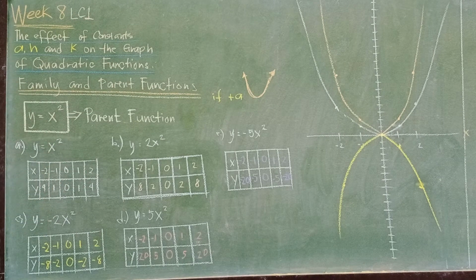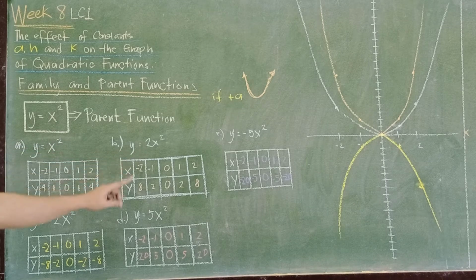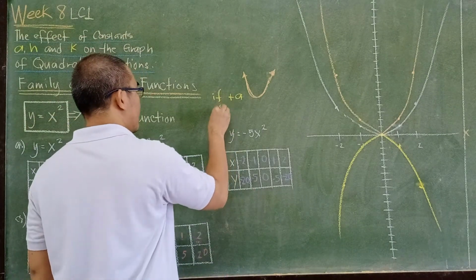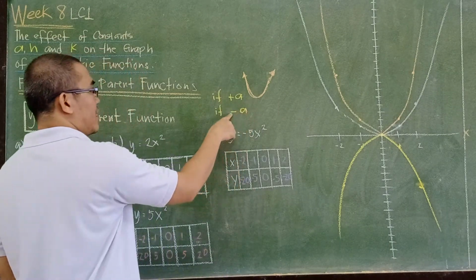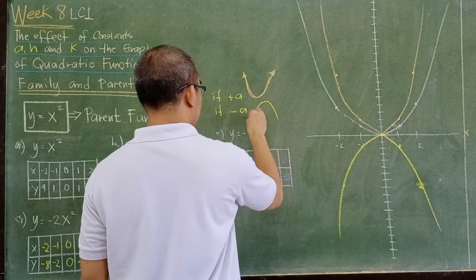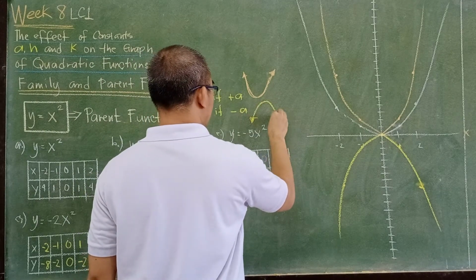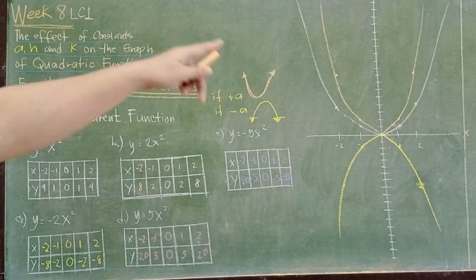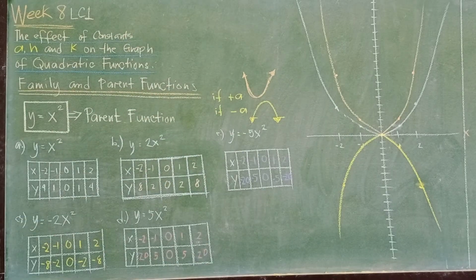So if you will notice yung unang dalawang graph, yung mga A nila positive. So yung graph nila pataas. Now, yung letter C, if A is negative, yung graph is pababa. So, take note of that.